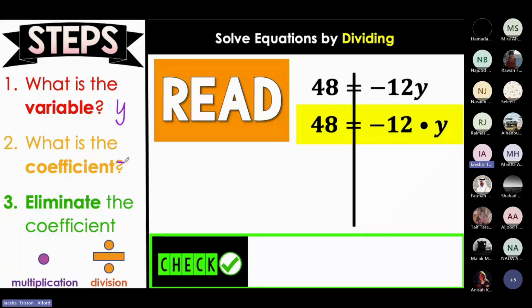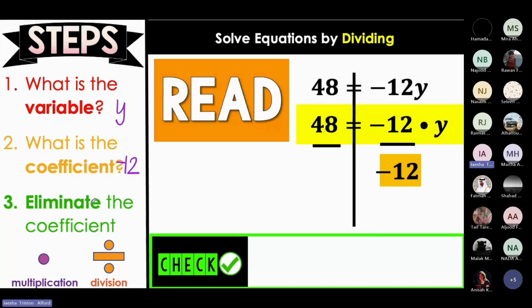Negative 12. The coefficient, we want to make it what? Not 0. A positive 1. How are we going to make multiply into positive 1? Multiply again or divide? Divide negative 12 on both sides.